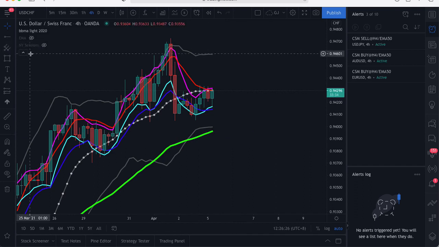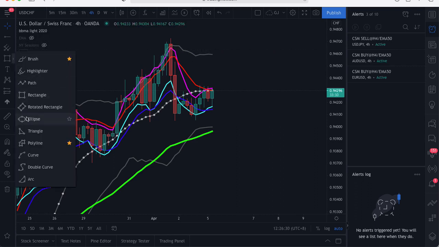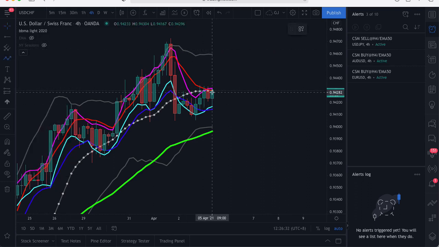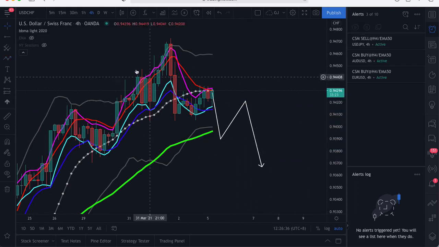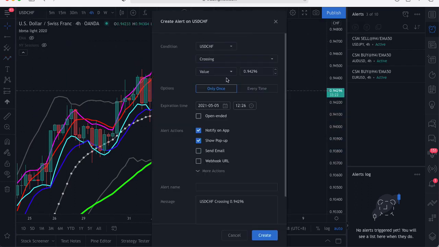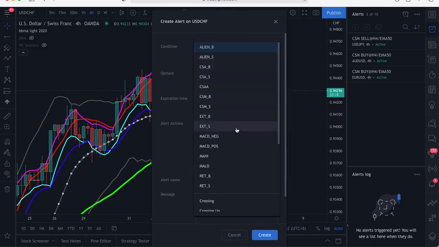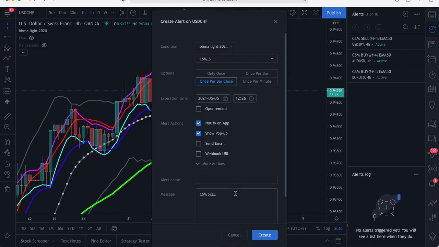We better off wait for CSM to form, come back, then take it low like this. So set alert for that to happen. Pick our custom indicator, CSM sell, EMA50. Alright.